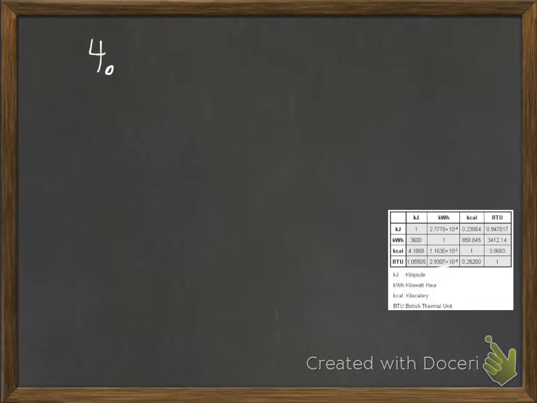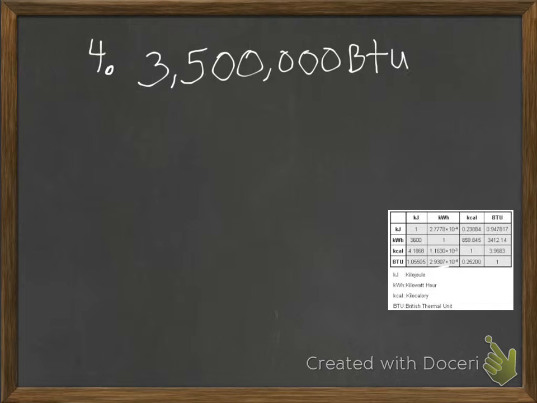Alright, so same question 4 with the peat, and we're trying to find kilowatt hours, and so I pull it off my chart, and it says a ton of peat is 3,500,000 BTUs. And this time I'm going to divide. To do that, I'm going to look at my chart down below here. I'm going to get BTUs for my setup in kilowatt hours, and so I'm going to divide by this number here, 3,412.